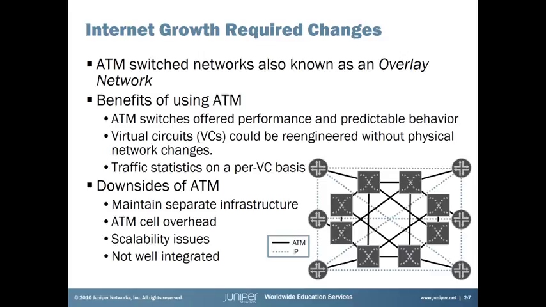You set up virtual circuits, you can re-engineer them without physically changing the network, and you can control the traffic flow around the network based on these virtual circuits. The traffic stats are on a per virtual circuit basis, so you can control the flow of traffic around your virtual circuits. The downside of ATM is that you have to maintain a whole separate infrastructure of ATM switches over the top of your existing routing.